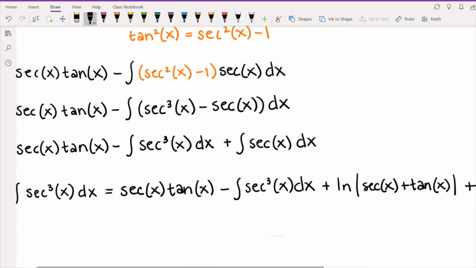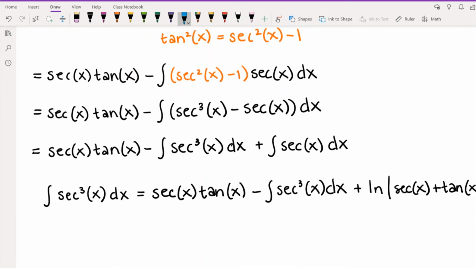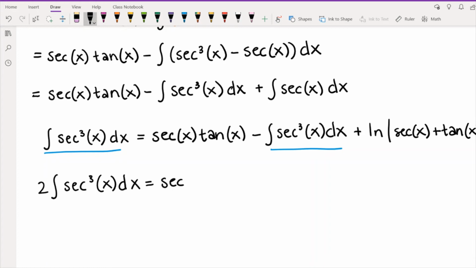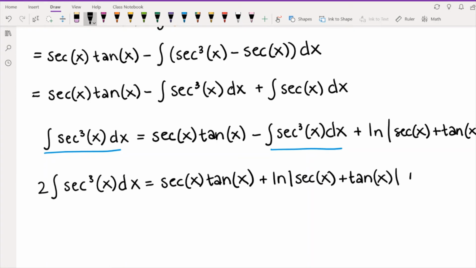Okay, so now what do we do? Well, we have this integral of secant cubed and another one here, and so we want to add them both to the same side. So now we have 2 times the integral of secant cubed of x dx is equal to secant of x tangent of x plus ln of absolute value of secant of x plus tangent of x plus c.